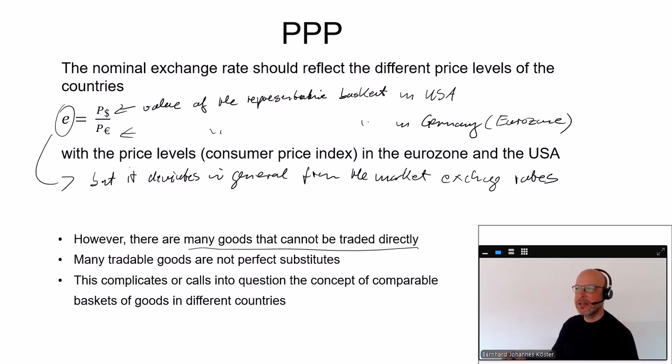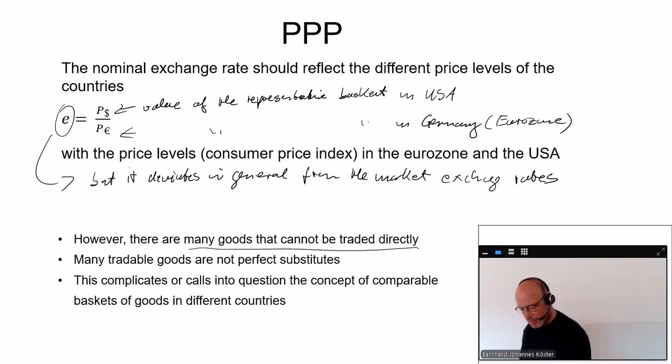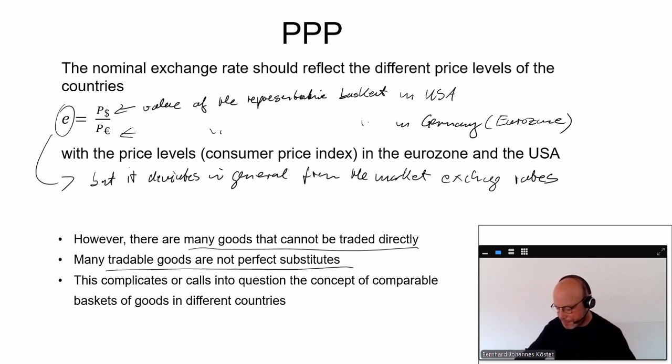So the harder it is that we can trade the goods and change prices due to tariffs and other trade barriers, then of course this concept also has a problem. And quite often, we can say that many tradable goods are not perfect substitutes.